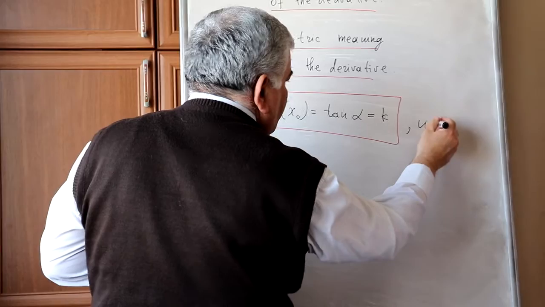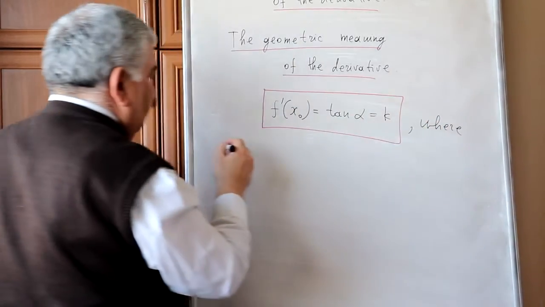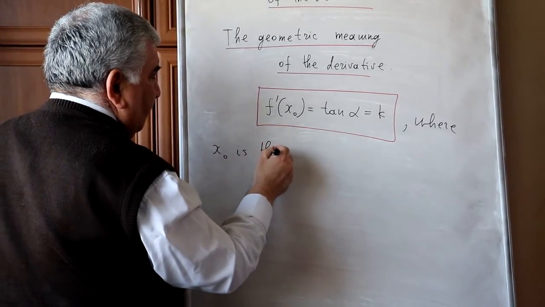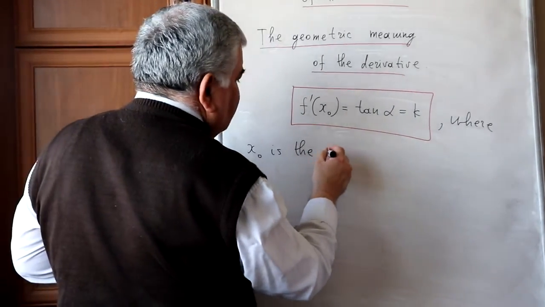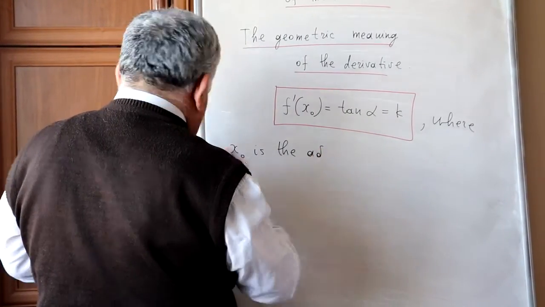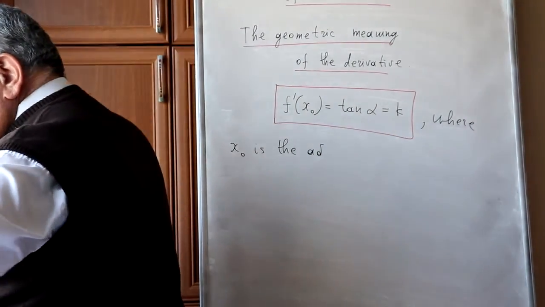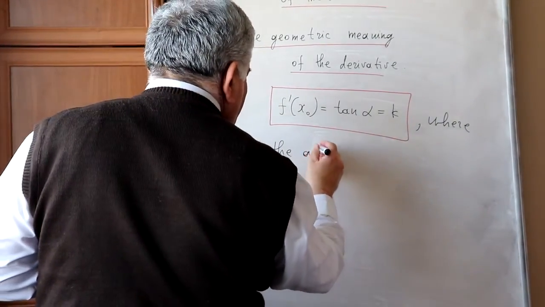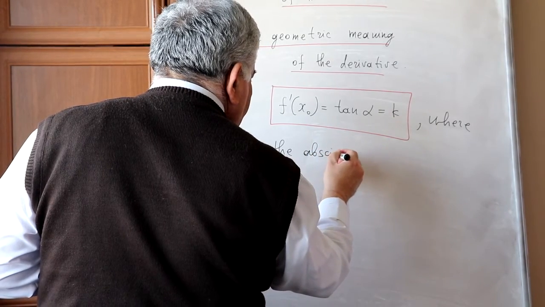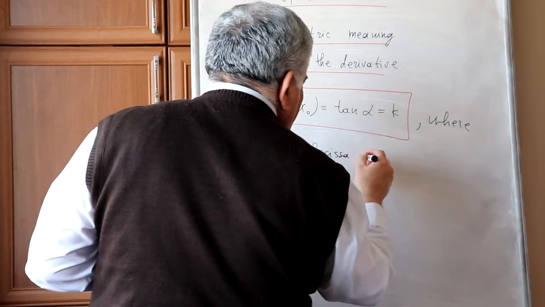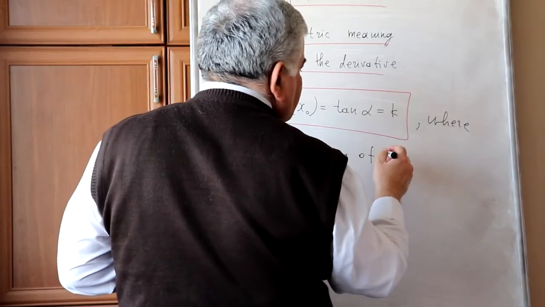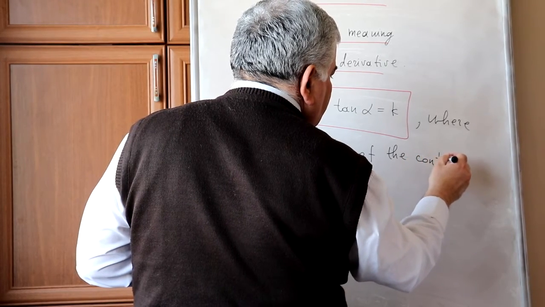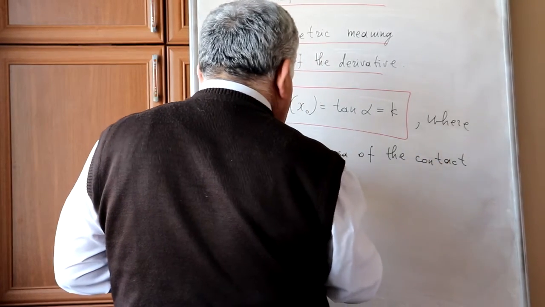Where x sub 0 is the abscissa of the tangency point, or contact point.